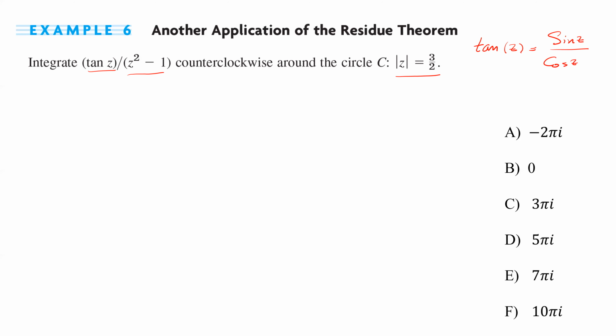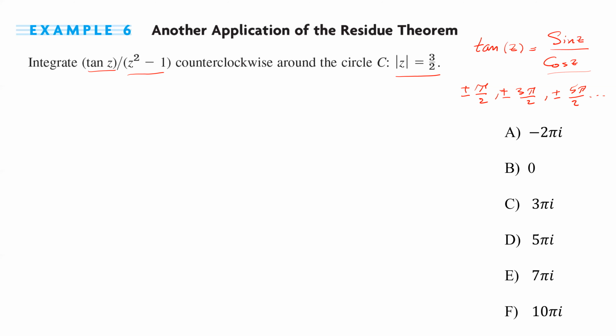So it would be pi over 2, the odd multiples of pi over 2, right? When z is an odd multiple of pi over 2, meaning plus or minus pi over 2, plus or minus 3 pi over 2, plus or minus 5 pi over 2, and so forth, right?